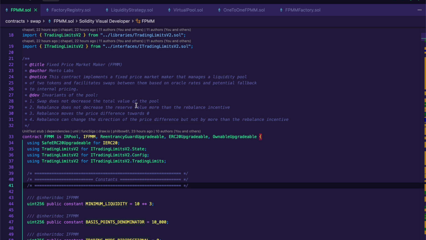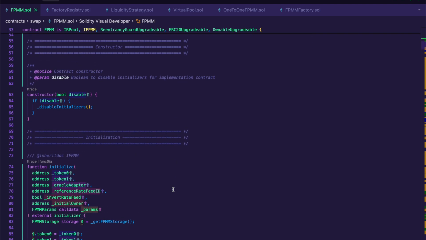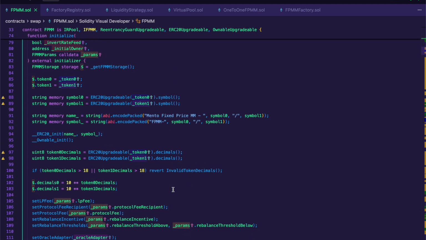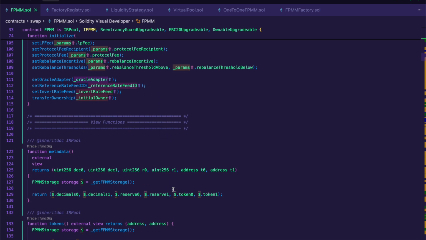The swap also supports flash loans together with a hook function that is called on the caller. The rebalance works similarly in that sense, but the rebalance is a whitelisted functionality.